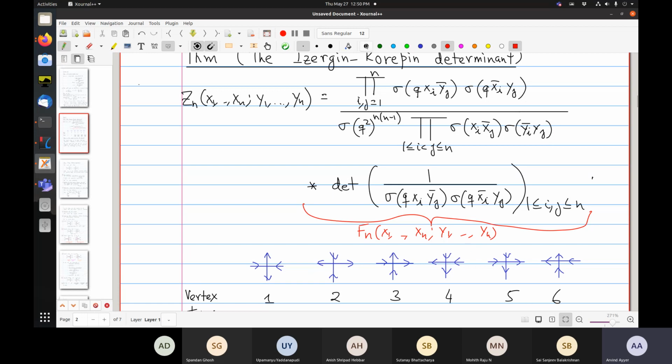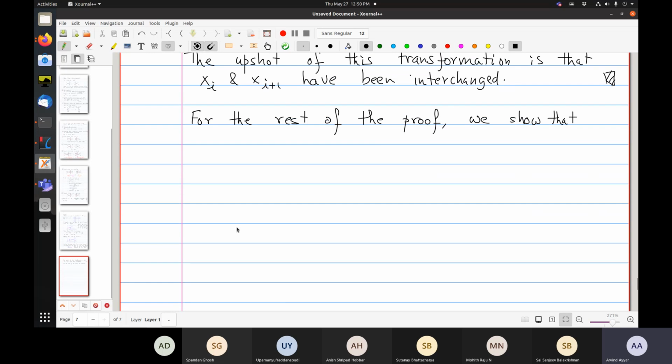So we want to show that Fn and Zn satisfy the same things. So we show that Fn and Zn satisfy these properties, the following properties, and we will appeal to uniqueness and induction.